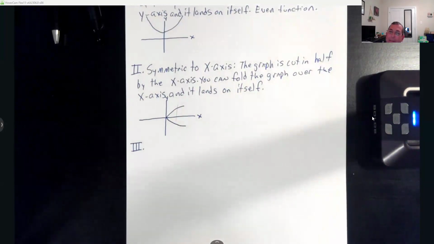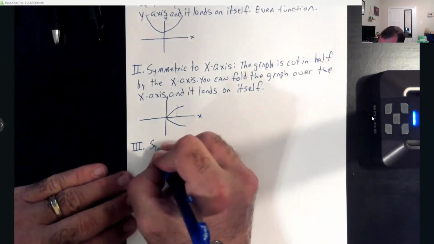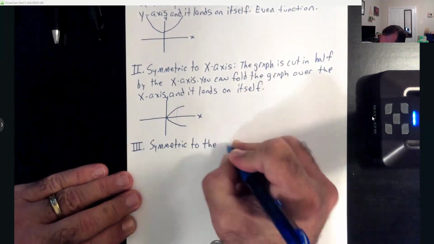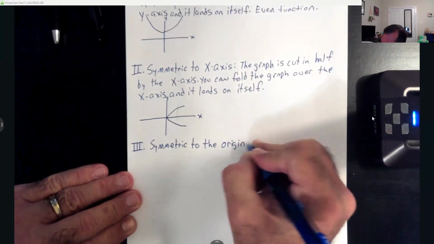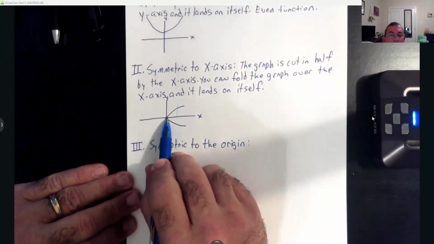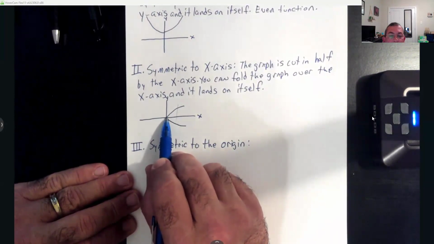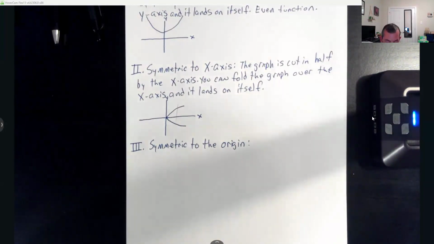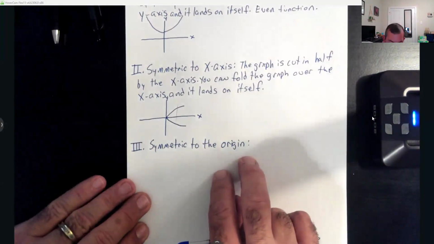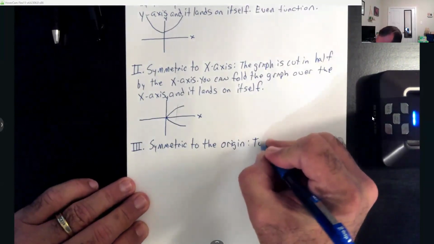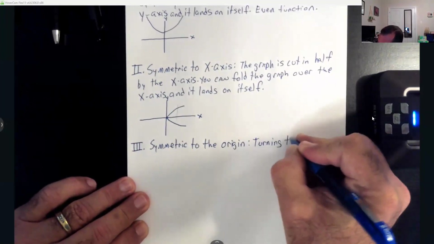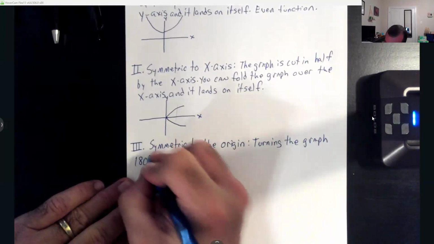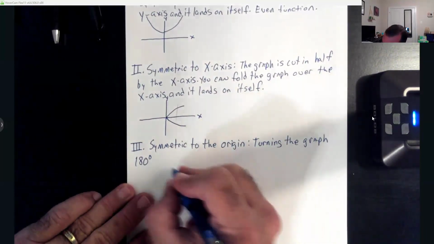Third one, symmetric to the origin. Now remember, the origin of the graph is that little center in there, okay? That's the origin where the x value is 0 and the y value is 0. But if it's symmetric to the origin, turning the graph 180 degrees, and we get the same picture.